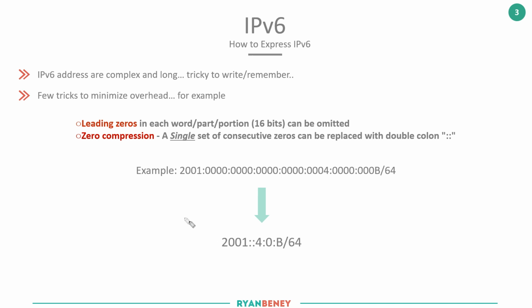Now this is something that you need to remember. Both of these rules you need to know and be able to take an address like this and make it much smaller. And the opposite is true, to be able to take an address like this and put it back into its original form. You also need to identify any incorrect hexadecimal characters.